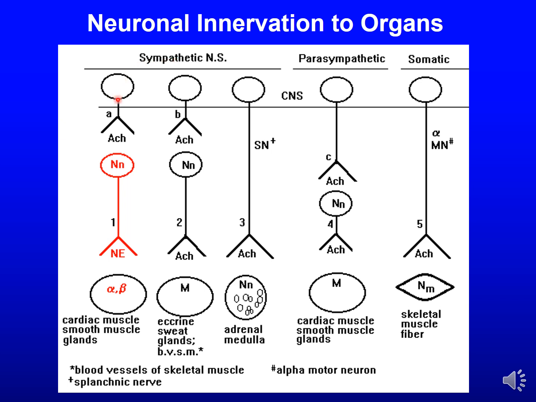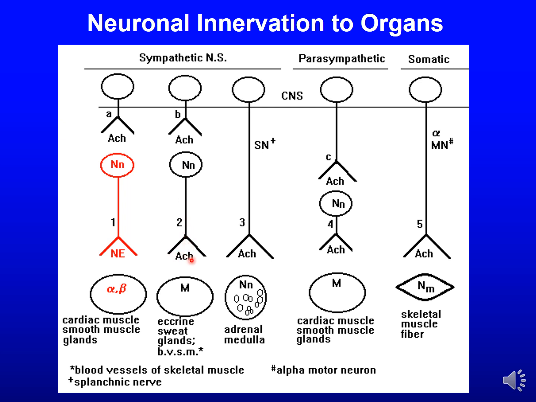For the sympathetic nervous system, we have 3 scenarios. The first one and most common is the preganglionic neuron will release acetylcholine toward the postganglionic neuron binding to the nicotinic receptors, where it then sends its axons toward target organs, and norepinephrine is released and binds to alpha or beta receptors.